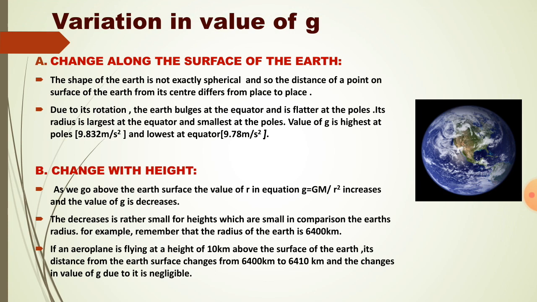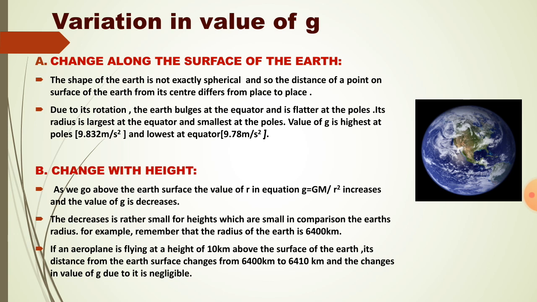Then, change with height. As we go above the earth's surface, the value of r in the equation g is equal to GM divided by r square increases, and the value of g decreases. The decrease is rather small for heights which are small in comparison to the earth's radius.